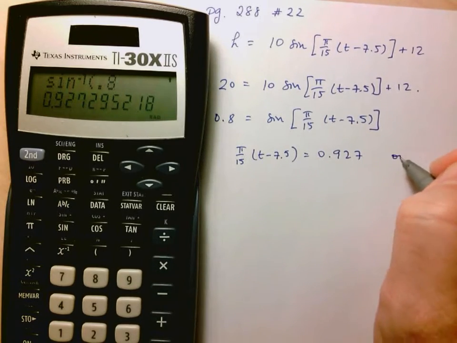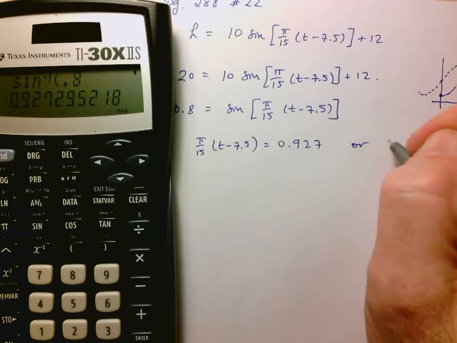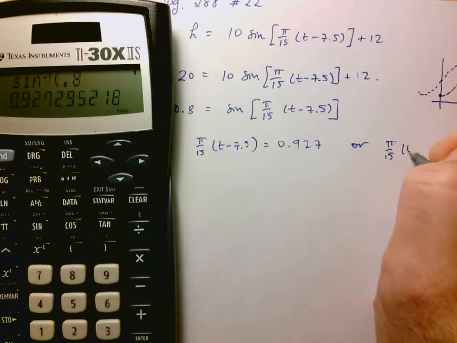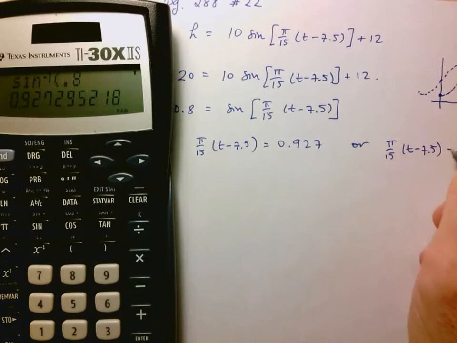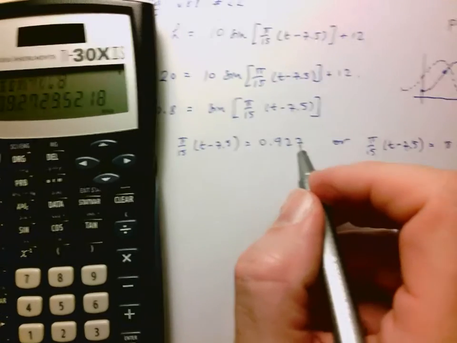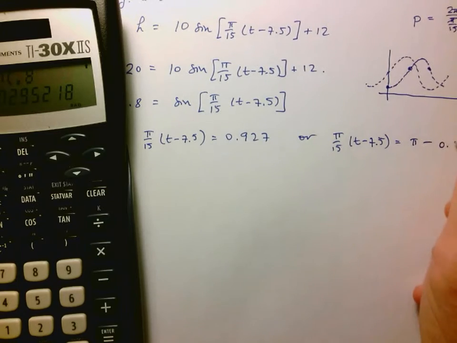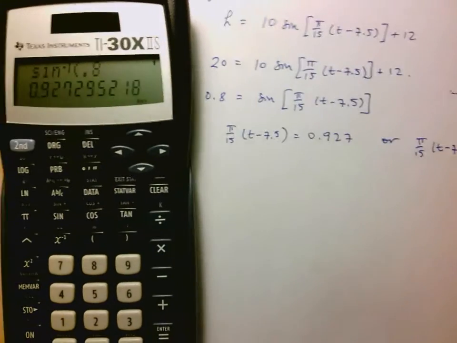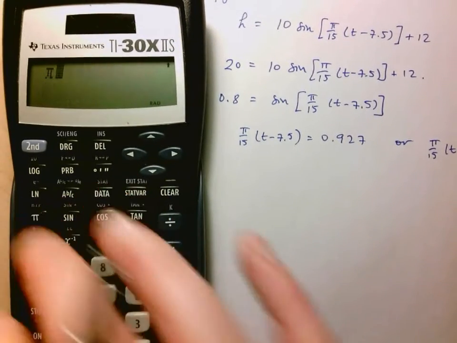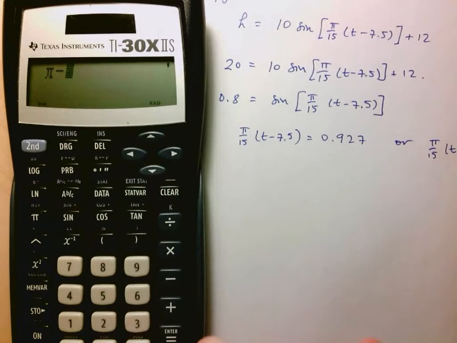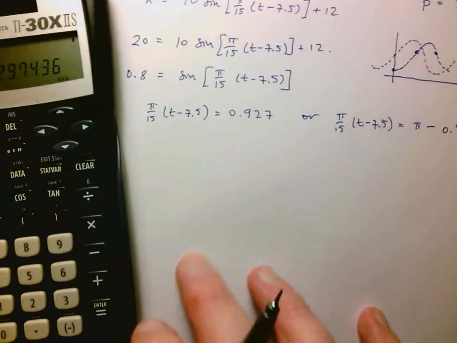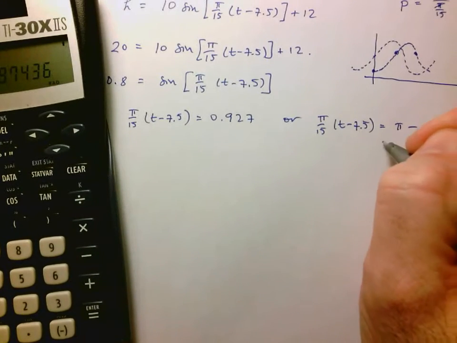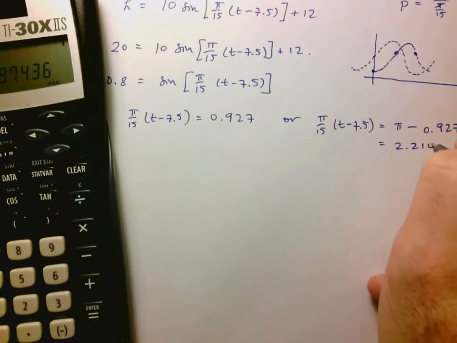Or the other option is that pi over 15 times t minus 7.5 is equal to pi minus 0.927. Okay, so let's calculate that. So pi minus my previous answer gives me 2.214.